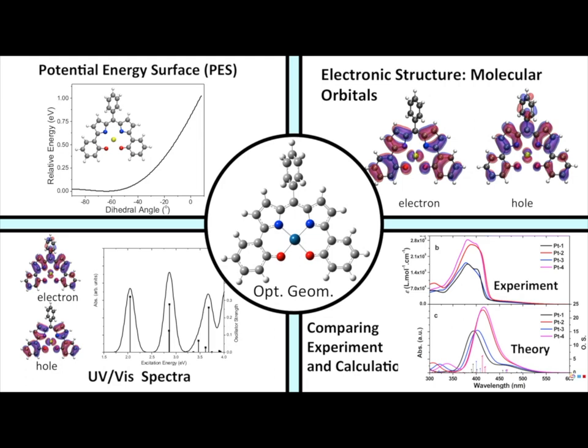Here I'm showing a slightly different molecule, actually 4 different molecules with some substituted groups, comparing experimental results from Wei-Feng's experimental group and our computational data. As you see, they are in very good agreement, which justifies that our methodology and the things which we are simulating are reasonable and can be used further for the analysis of these materials and their optical properties.